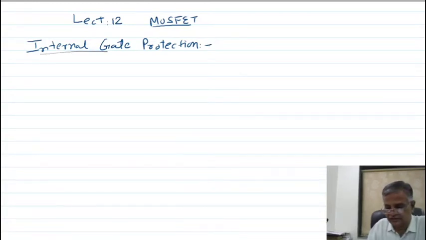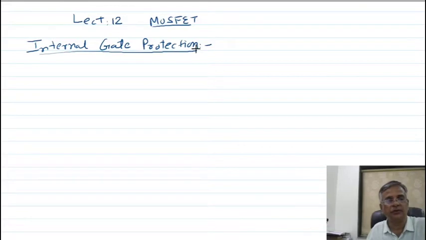See, in the last lecture we have seen the precautions required to handle the MOSFET, because the thin SiO2 layer of a MOSFET is very susceptible, and when electrostatic charge passes through the SiO2 layer through the gate, it will be punctured.